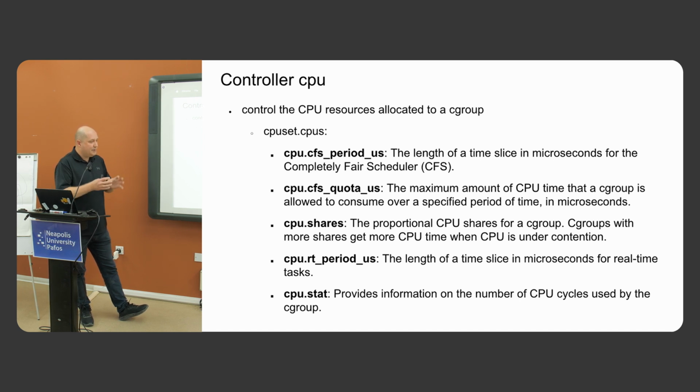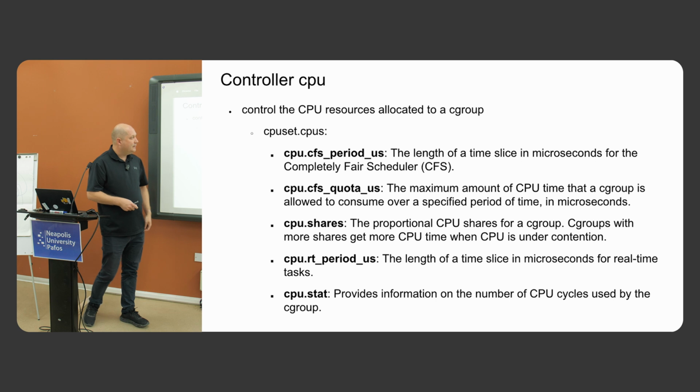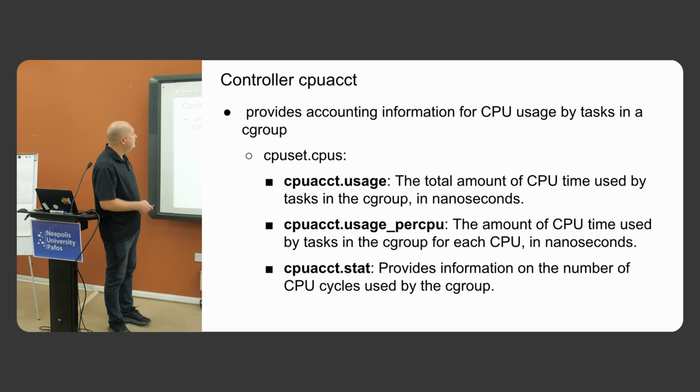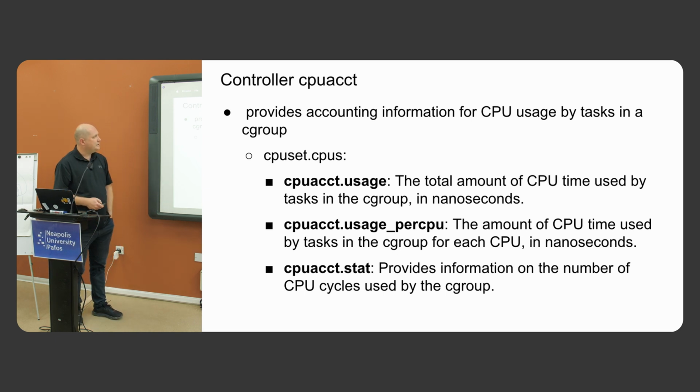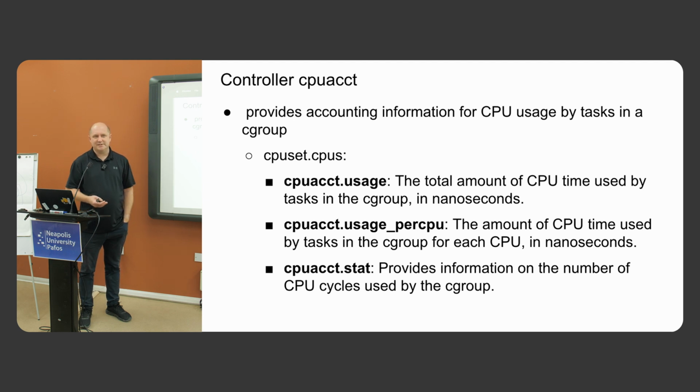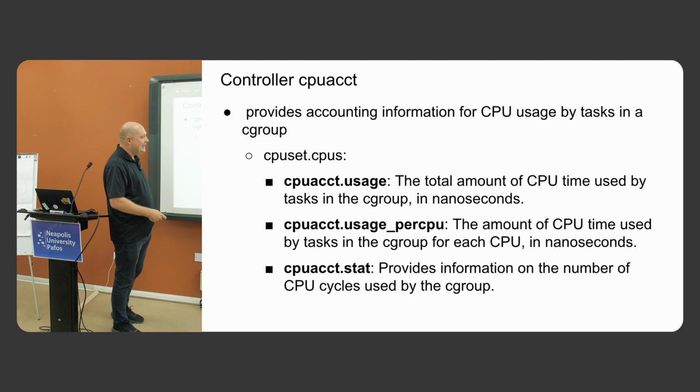I can set a CPU ratio with other groups, and I can have some stats here. So CPU accounting is just about counting. It's very nice to use. Usually many tools use this, even if they use something via different interfaces, it collects all data from the process tree.